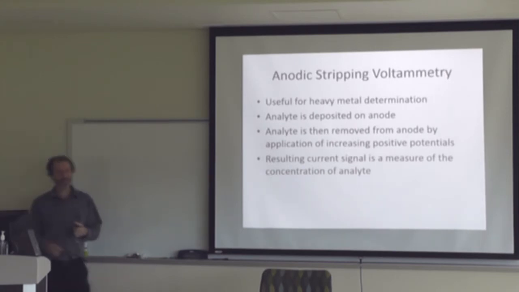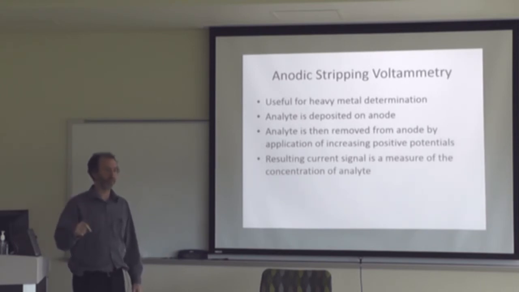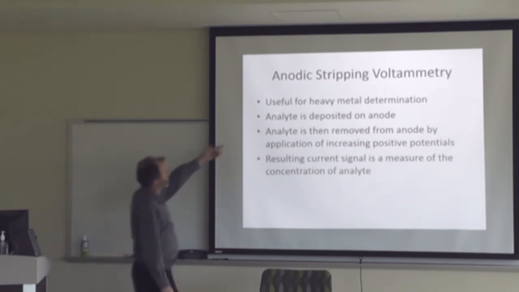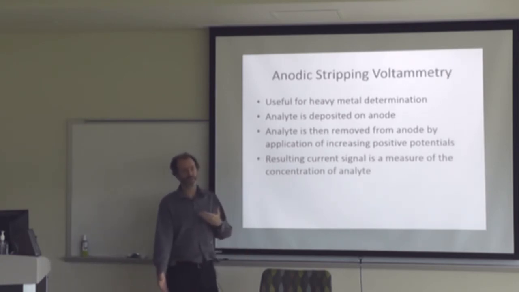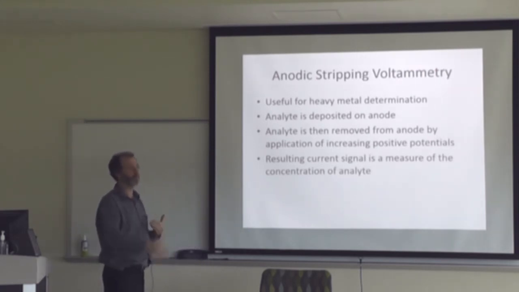Anodic stripping is when you want to measure something that's really, really low in concentration. What you do is you concentrate it first on the anode. So this is useful when we're trying to measure heavy metal concentrations, because typically heavy metals are going to be at really low concentrations in biological fluids. So you have to concentrate those first before you can measure how much is there.